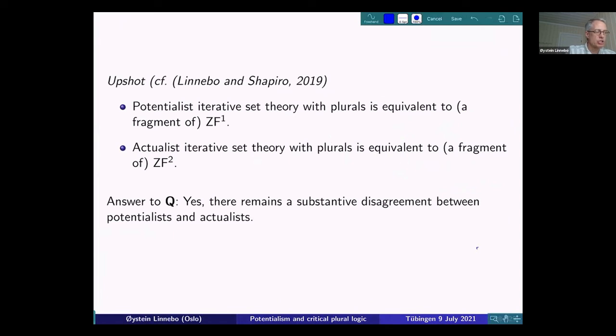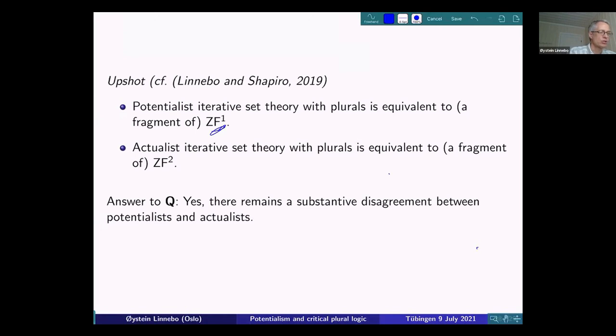So the upshot then is that when you have a potentialist setting, so a kind of potentialist iterative set theory with plurals, you get a very nice route into ordinary first order ZFC. But what you get is first order set theory. The plural resources don't give you any extra logical or mathematical power, since the pluralities are all used to form sets. So you don't have proper class-sized pluralities, or so says the potentialist.